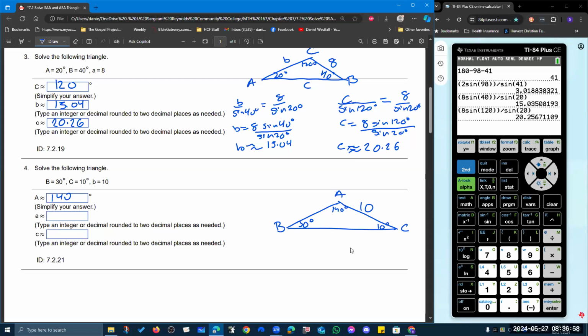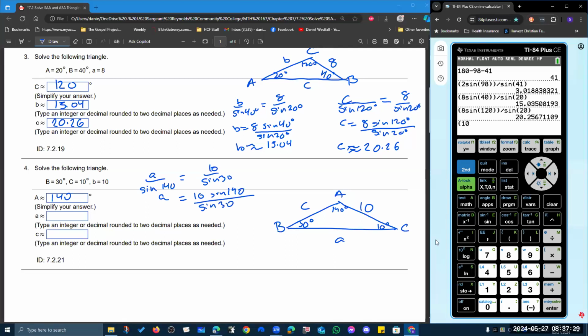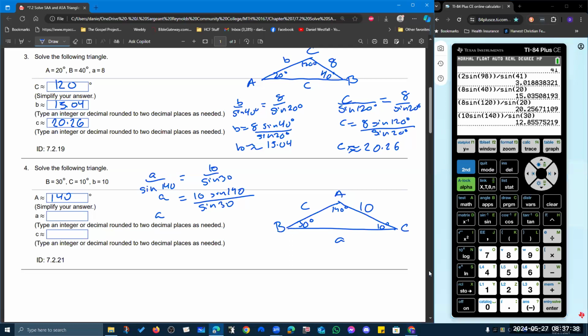And then A and C. So A is to sine of A as B is to sine of B. So A equals 10 sine of 140 over sine 30. A is about 12.86.